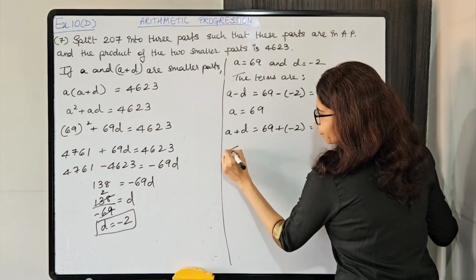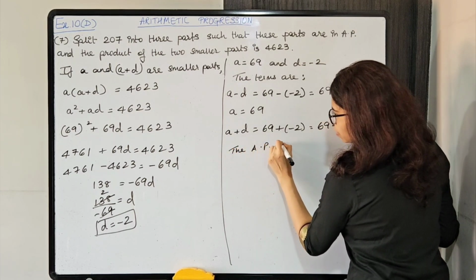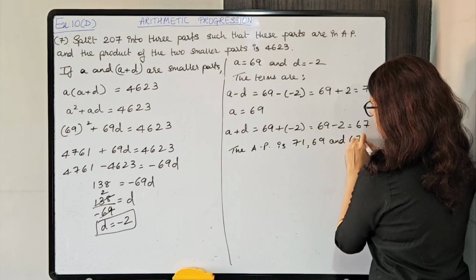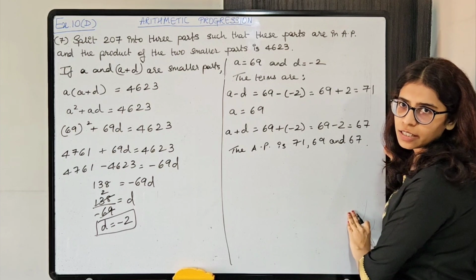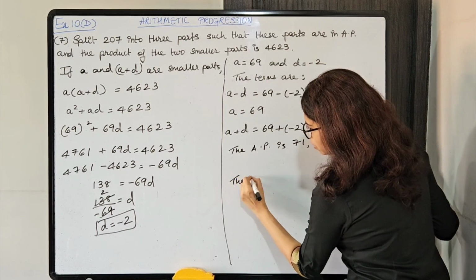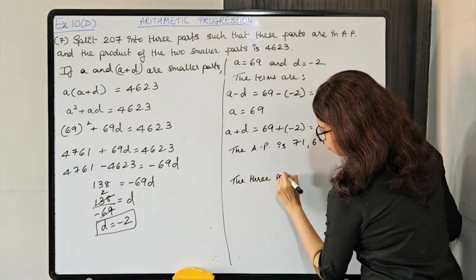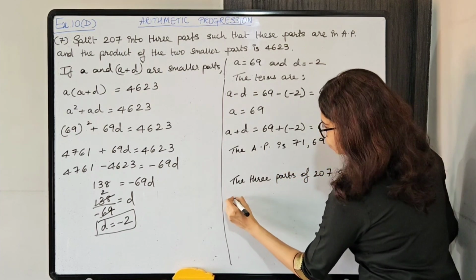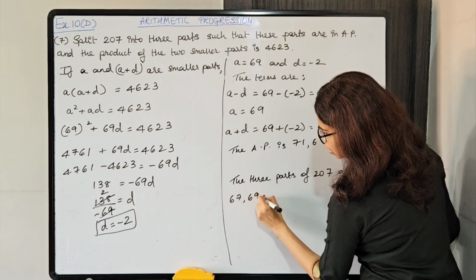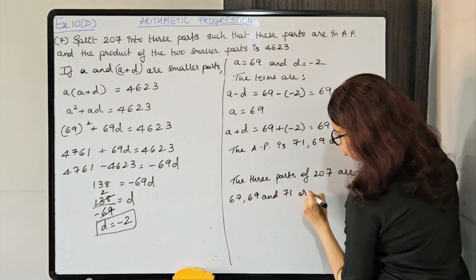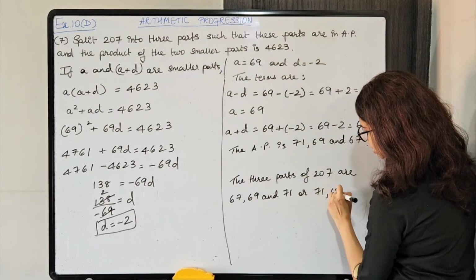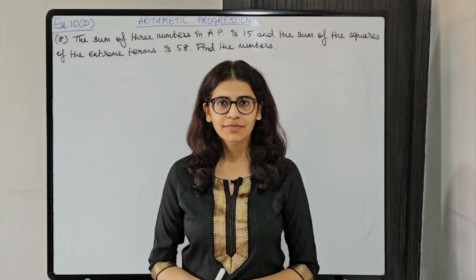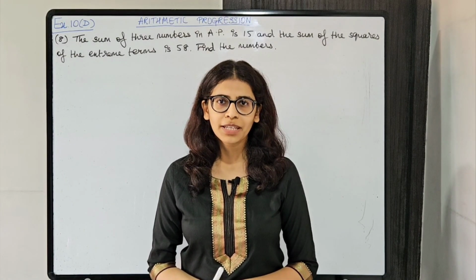So the AP is 71, 69 and 67. Write the final answer. The three parts of 207 are 67, 69 and 71, or 71, 69 and 67. Okay. Let's read the next question, question number 8.